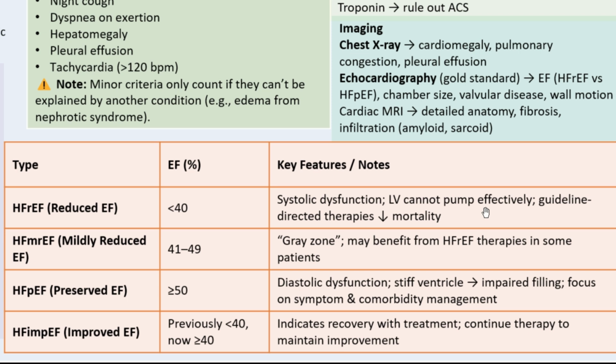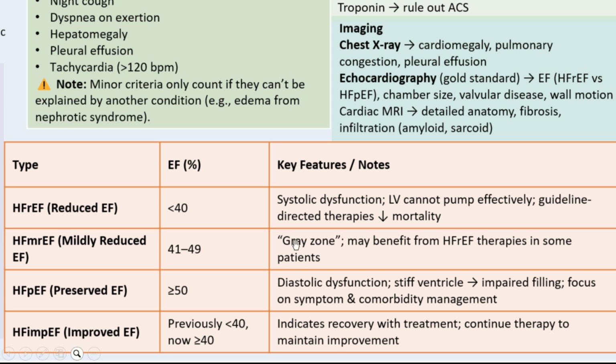So when you calculate the percentage of blood that it can push out, it's actually more than 50%, except that the amount of blood it can bring in is also greatly reduced. And this is coming from mostly stiff ventricles, and for it we mostly focus on symptom and comorbidity management, because there's not much you can do for a ventricle that does not actually relax enough.